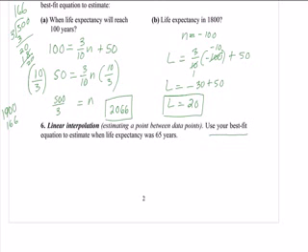Lastly, we're going to use our best fit equation to estimate when life expectancy was 65. So where am I going to put the 65? Henry? L. Yes, we're going to put it in for L. Good. Go ahead and subtract 50 from each side.